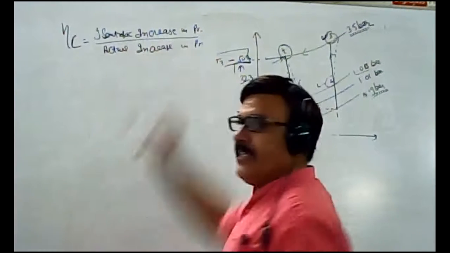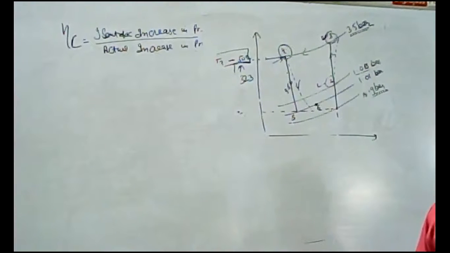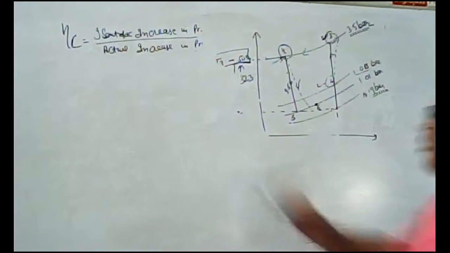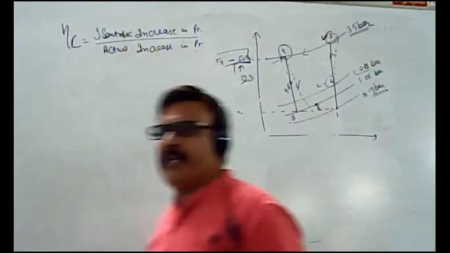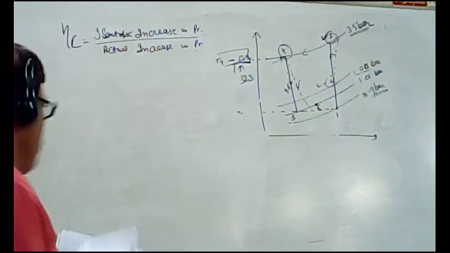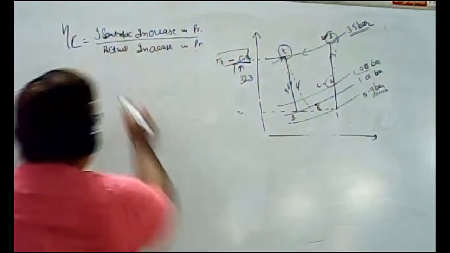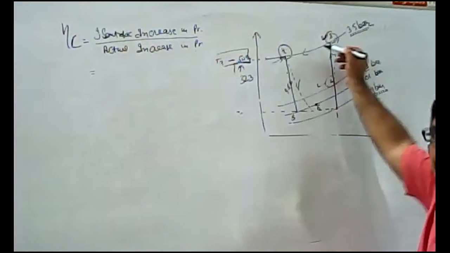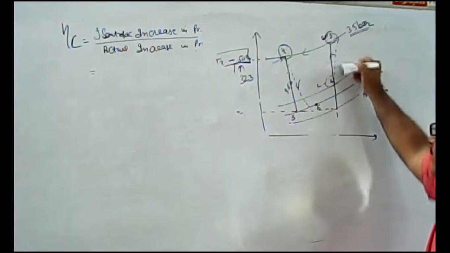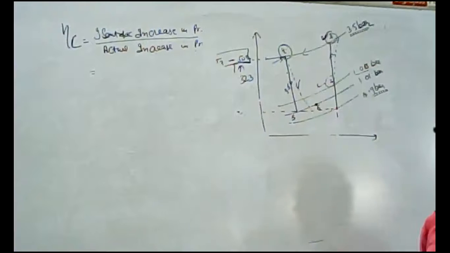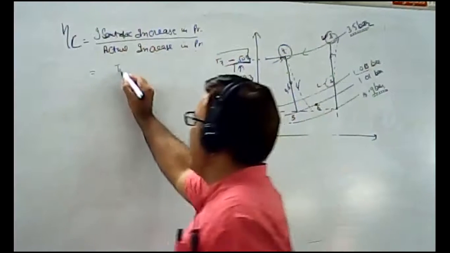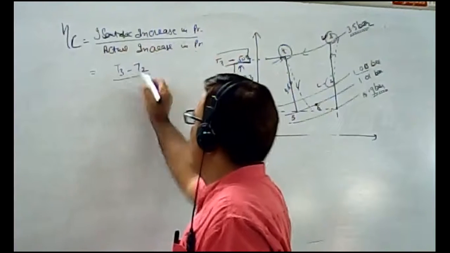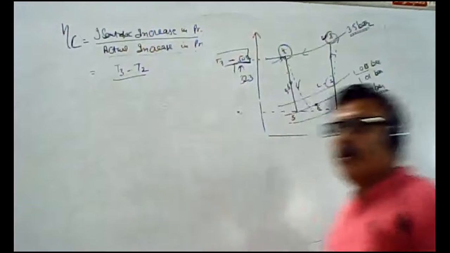Isentropic increase in pressure divided by actual increase in pressure. Okay. So in this case, how much is the isentropic increase in pressure? Look at here. Isentropic T3 minus T2, and actual how much?